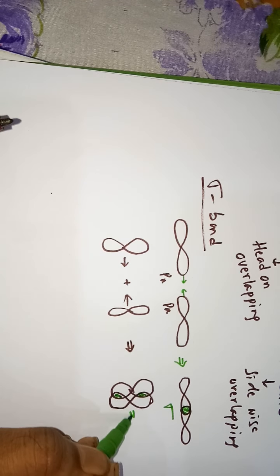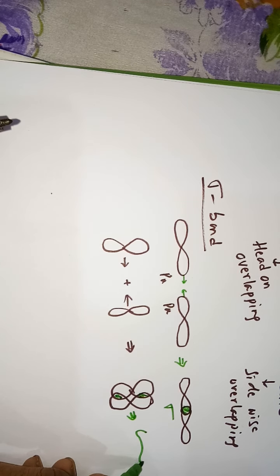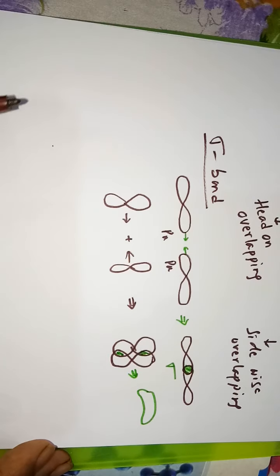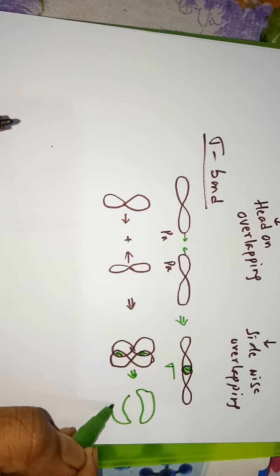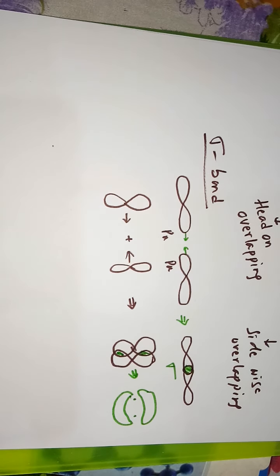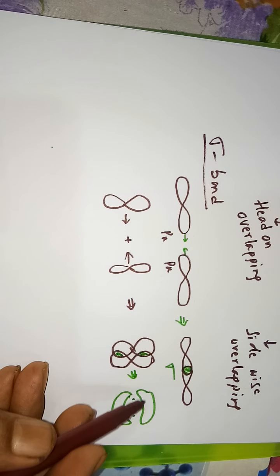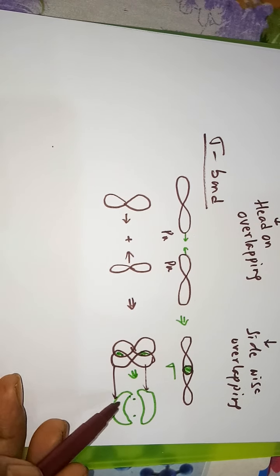Now you can redraw this one. The upper two lobes join together to form this one, and the lower two lobes join together to form this one. These are their nuclei.